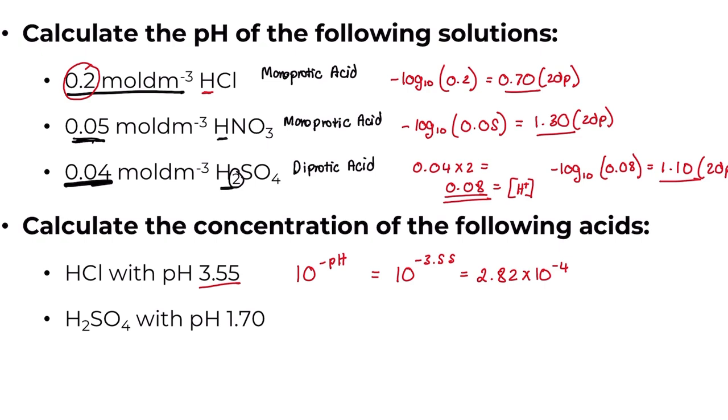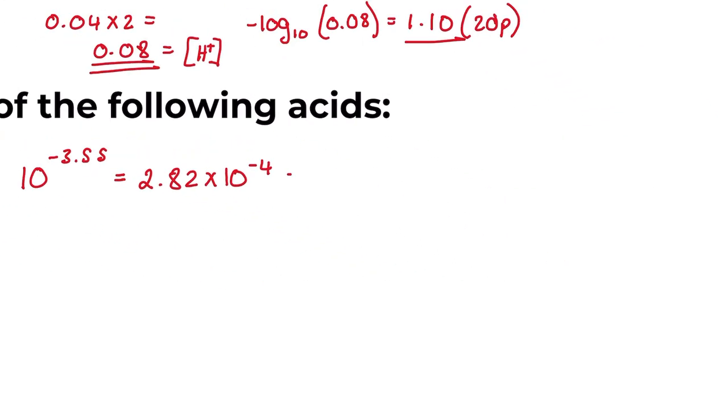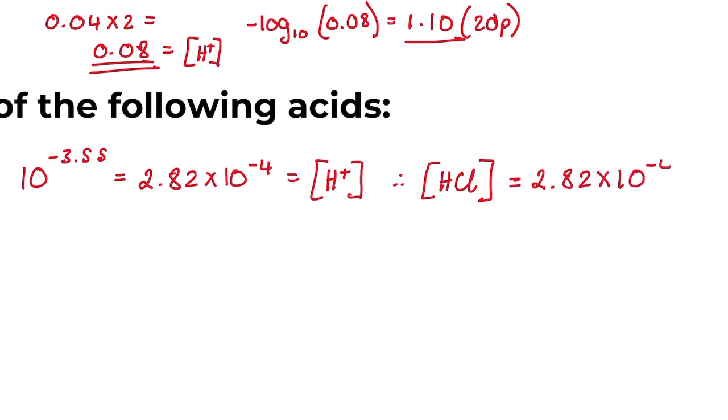The concentration of the acid is going to be the same as the concentration of the hydrogen ions because it's a monoprotic acid. Therefore, the concentration of the acid is also going to be equal to 2.82 times 10 to the power of negative 4. The reason why is because it's a monoprotic acid.